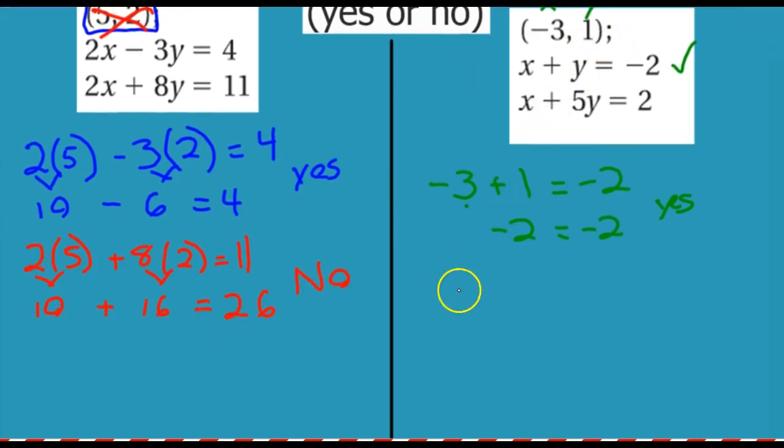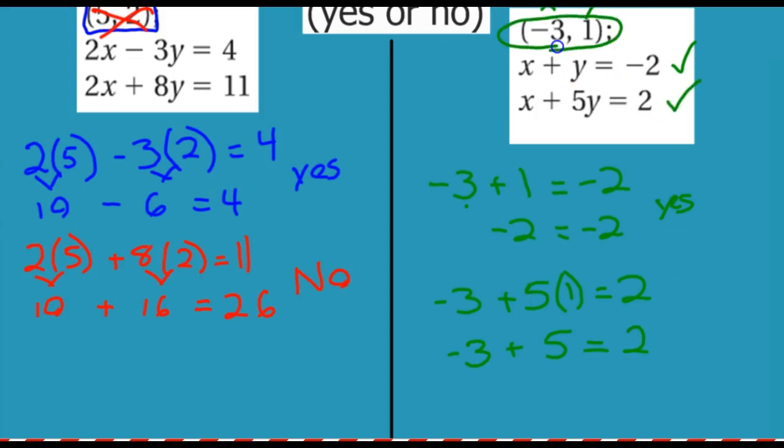Let's try this one now. We have -3 plus 5 times 1 equals 2. Well, 5 times 1 is 5, plus -3 equals 2. So this one also works. (-3, 1) is a solution to our system of equations.